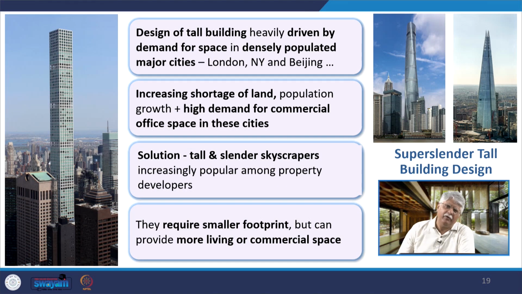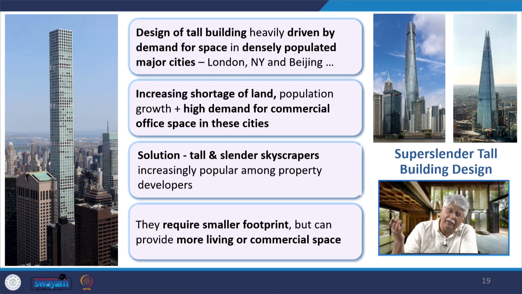Now, one more development that has happened lately in the 21st century is the coming up of super slender skyscrapers, and the reason is, as in earlier times also, that land in cities like Beijing, London and New York is becoming very scarce, and we need to build taller.